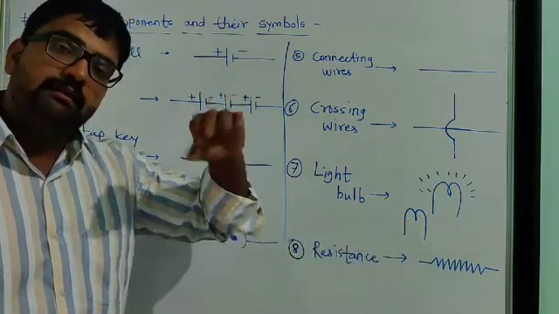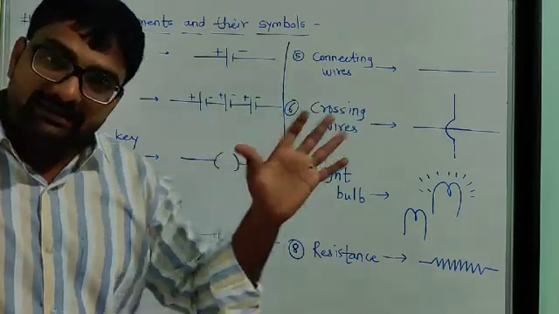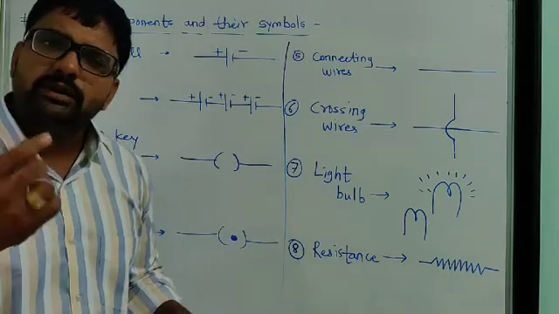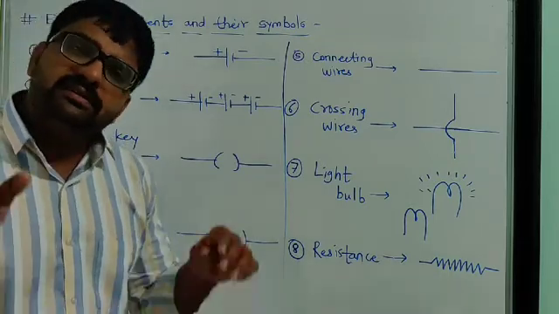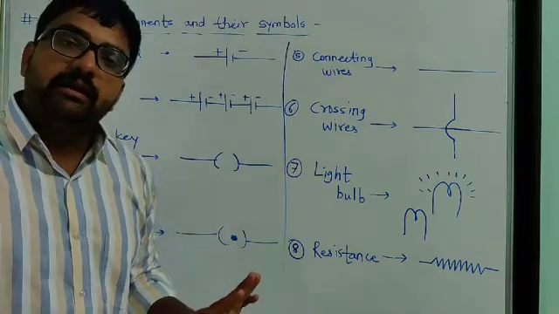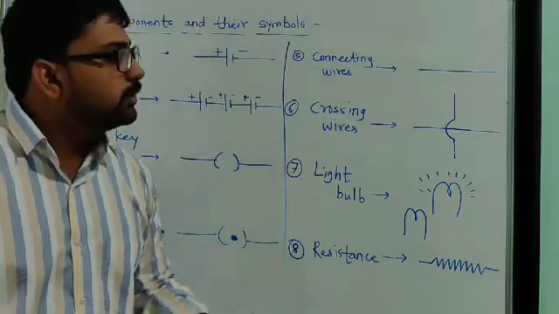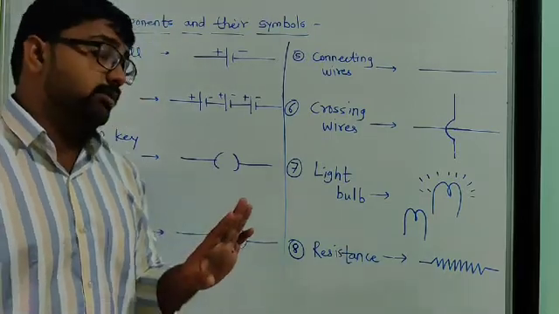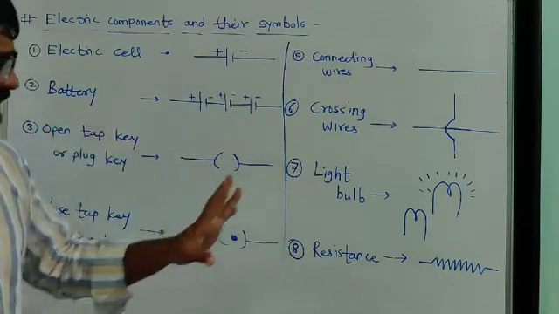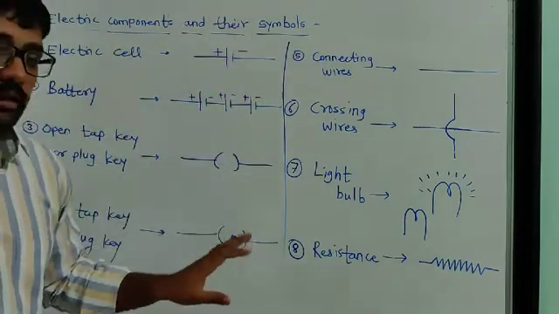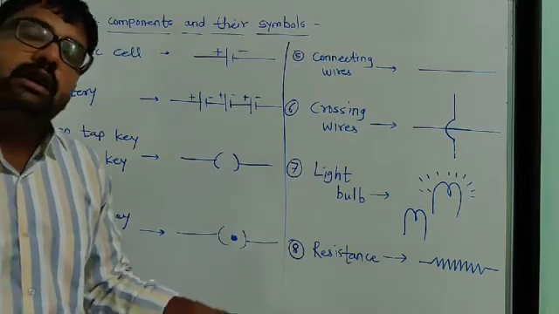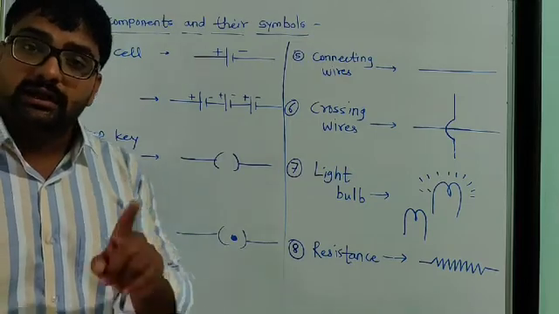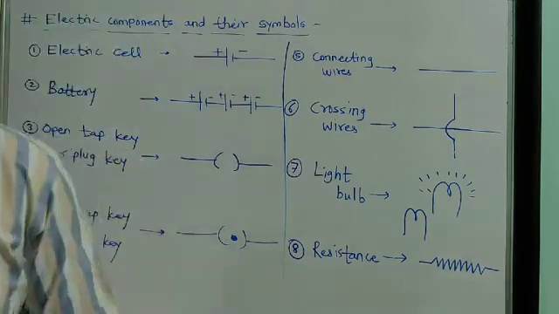If the resistance is very high, it is not easy for electrons to flow, so a very small current flows. If the resistance is very low, a large number of electrons can flow, so a large amount of electric current will be drawn from that electrical circuit. The pictures, symbols and uses of these electrical components are also given in the book, which you also have to see.